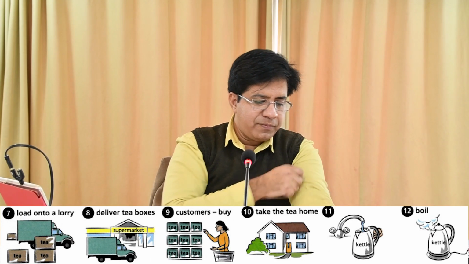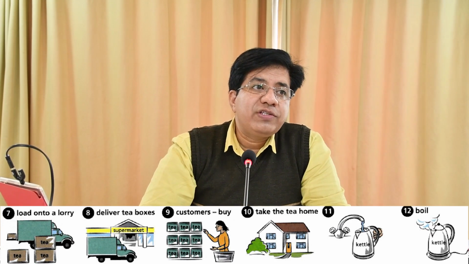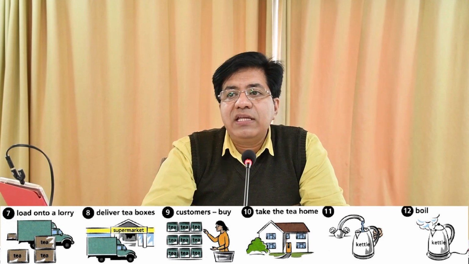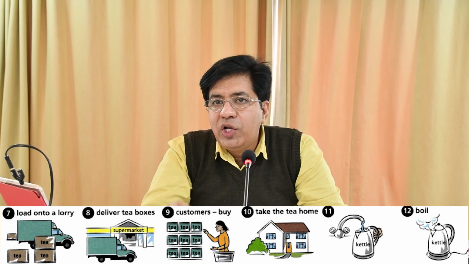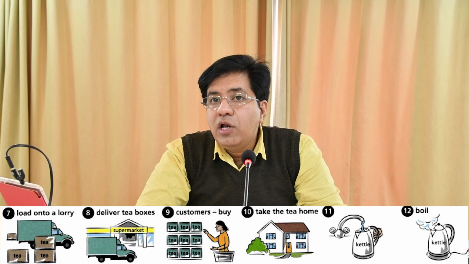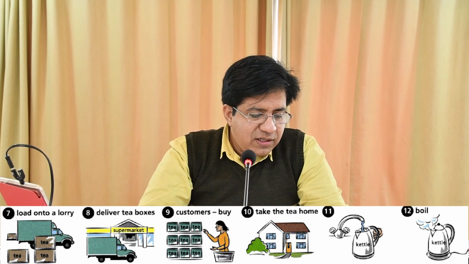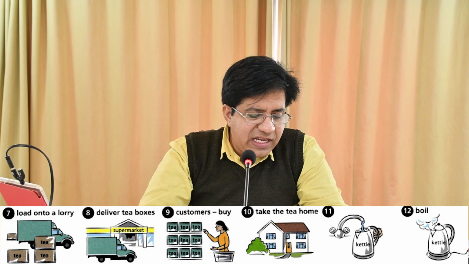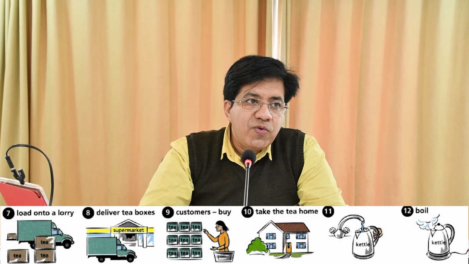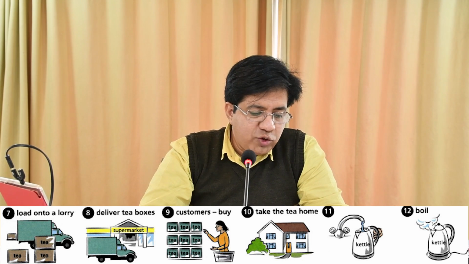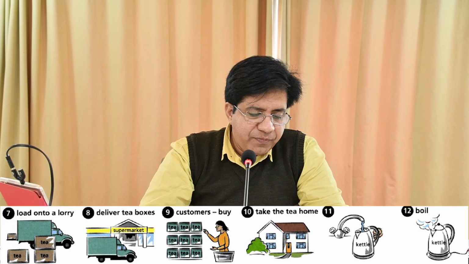Step number 7, load. Now passive voice, they are loaded. So you can say these boxes are loaded onto lorry. Lorry means delivery van. Question number 8. The lorry delivers the tea boxes to? Yeah, supermarket.